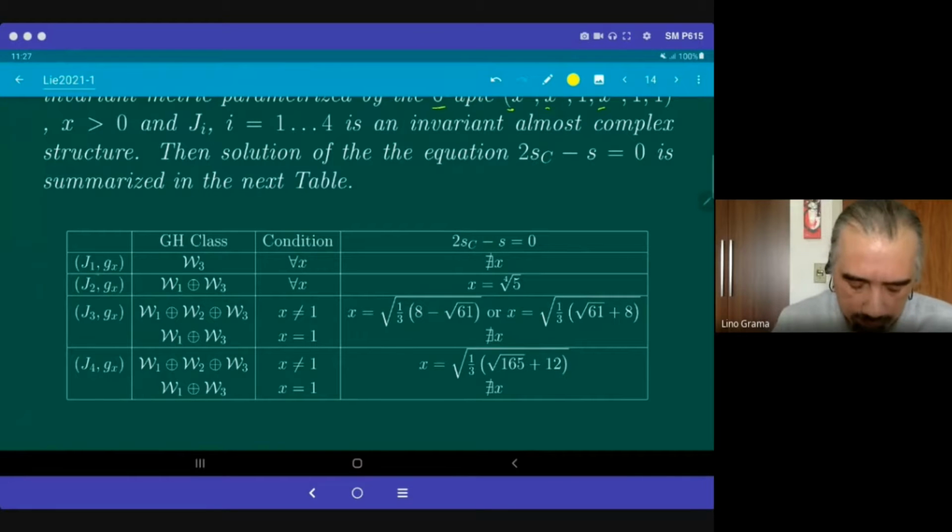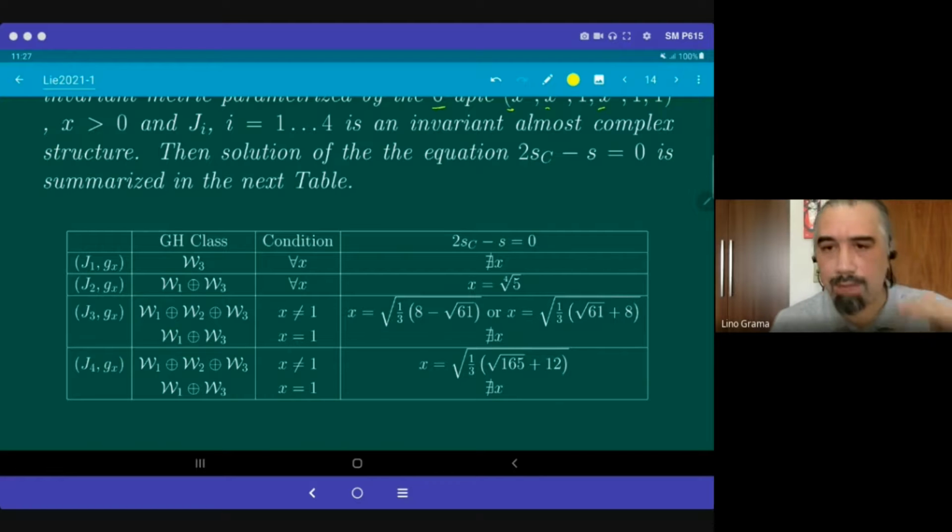For instance, for this one, it belongs to the Gray-Hervella class W3 for all x, and there is no solution. But for J2, we have W1 plus W3 for all x. Just for this number, we have the solution. Okay, so on. But here is the difference for x equal to 1.